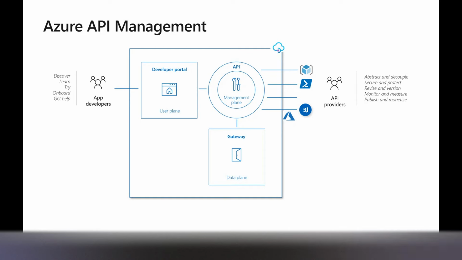API management is Microsoft's API gateway. It basically provides three components. One, the heart is the API gateway, which provides the abstraction that separates the API implementation from its presentation. So your API may be implemented in SOAP, you want to expose it in REST, the gateway will do that, and vice versa.